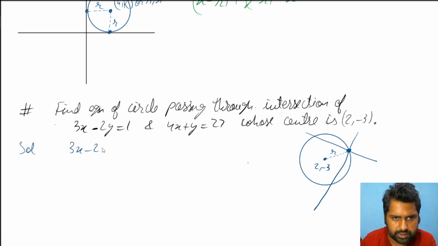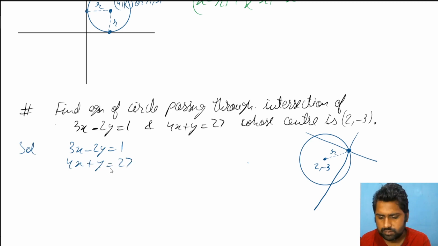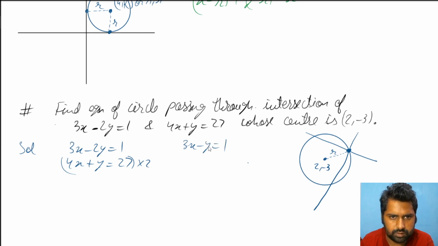Solve these two equations, 3x minus 2y equal to 1 and 4x plus y equal to 27. Multiply the second by 2. So 3x minus 2y equal to 1, and 8x plus 2y equal to 54.